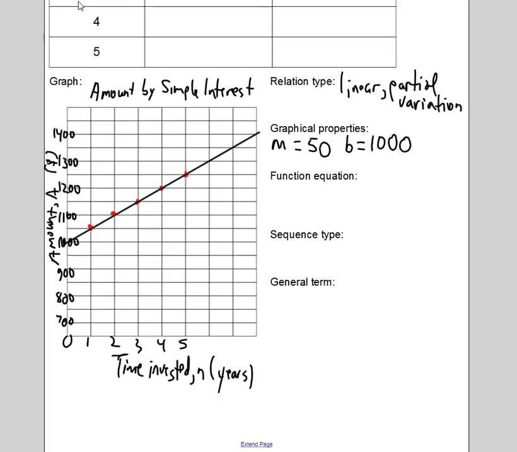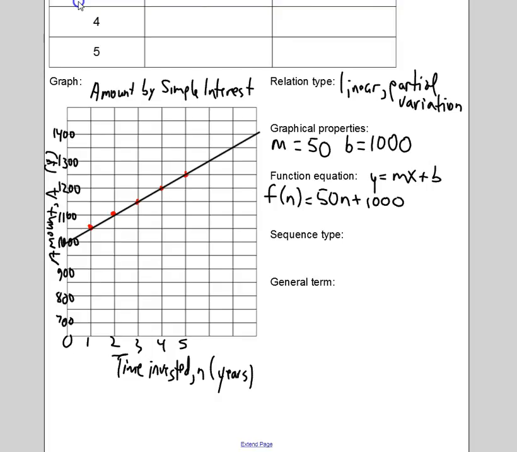When we look at the function equation, we're trying to connect this to a y equals mx plus b, because this is linear. So in this case, we've already got the values, so we can call this f of n equals 50n plus 1,000. That would generate all the points there.